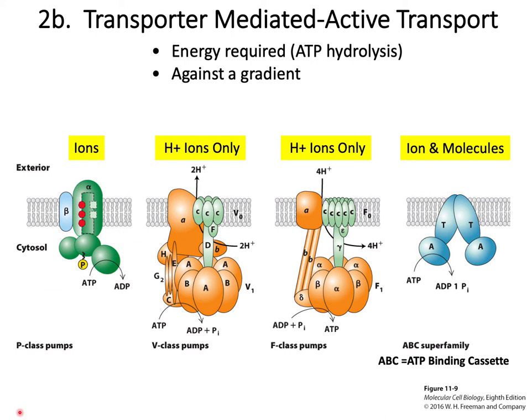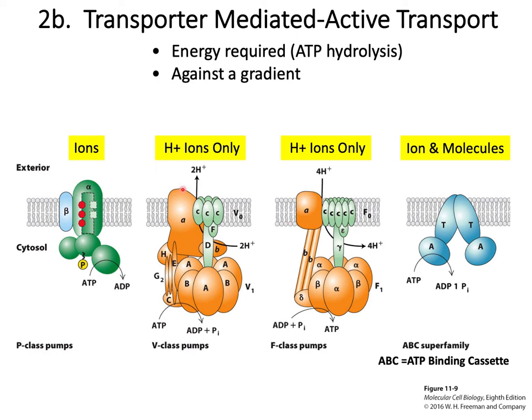Another large class of pumps are the V and F classes of pumps. We're not going to consider these pumps in detail in this course, but just have a brief overview of their function. In general, both V and F class pumps are responsible for moving hydrogen ions, or protons, across the membrane against a concentration gradient. They do not have a phosphoprotein intermediate, unlike the P-class pumps, so that's a very important difference.